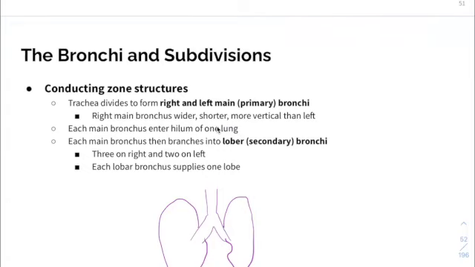Our lungs have different lobes. The left lung, because of the heart, has 2 lobes, horribly drawn. The right lung has 3 lobes.